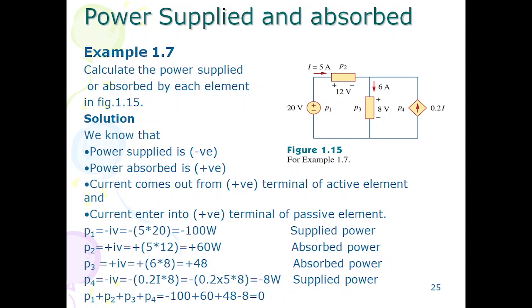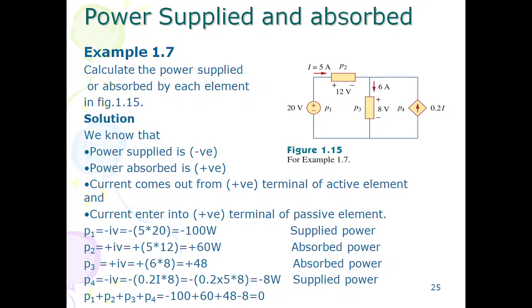If we supply power, it means it is a source, let's suppose a current source or a voltage source. For a voltage source, current always comes out of the positive terminal, whereas in a passive element, either resistance, inductance or capacitance, current always enters the positive terminal of that passive element.